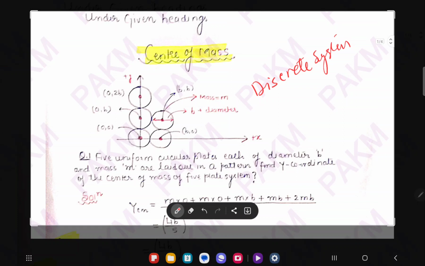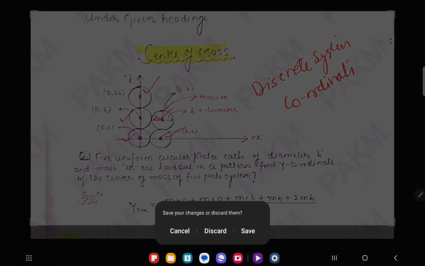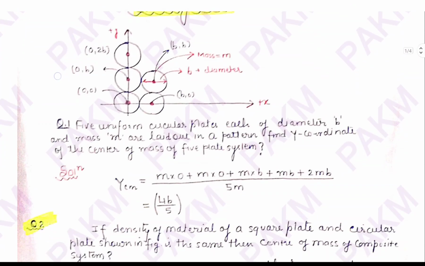A discrete system is when you can identify separately the center of masses. You have to locate all the centers of mass by using coordinates. Once you locate all the centers of mass, the only formula you are supposed to use is the following.